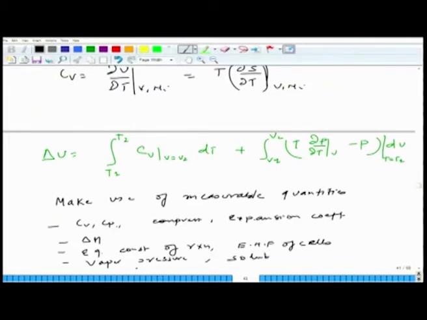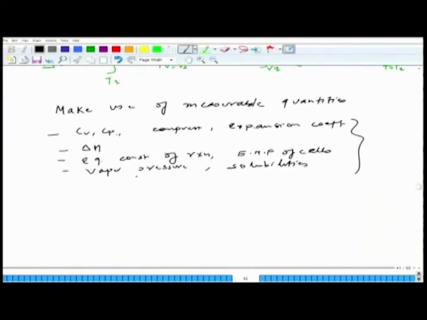These you can find out from experiment. These are measurable quantities, so we have to make use of our thermodynamic variable changes in terms of these quantities.